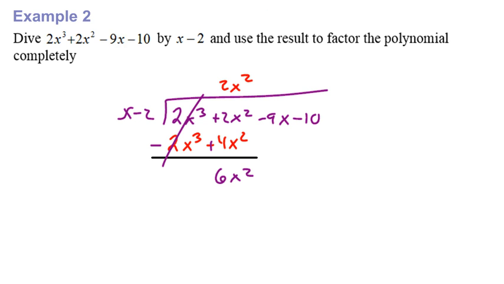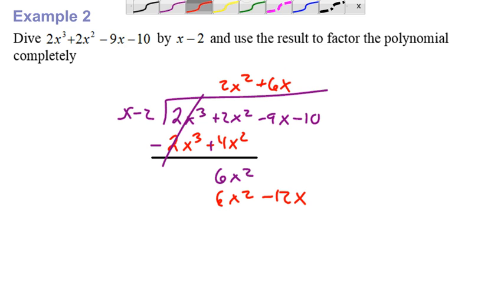All right. Now let's go ahead and start the whole process over again. X times what is 6x squared? So wouldn't that just be 6x? Positive 6x, right? 6x times x is 6x squared. And 6x times negative 2 is a negative 12x.